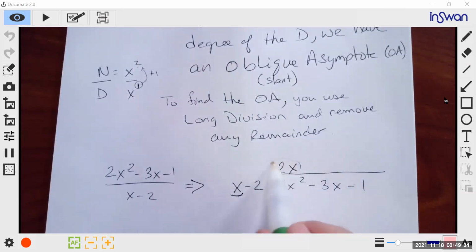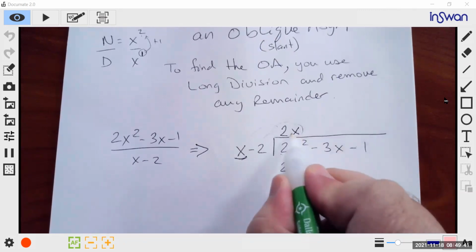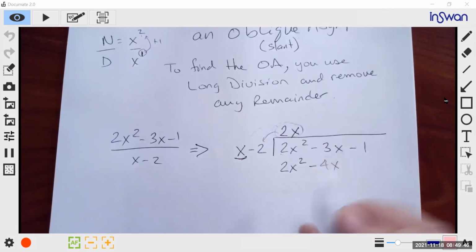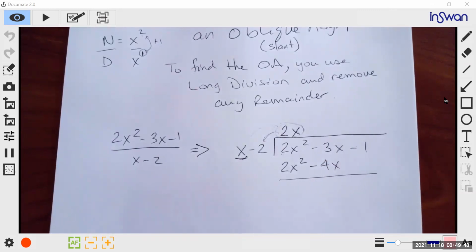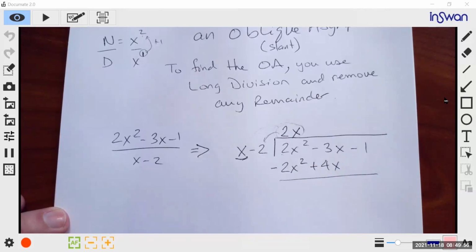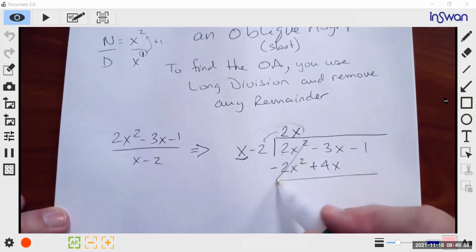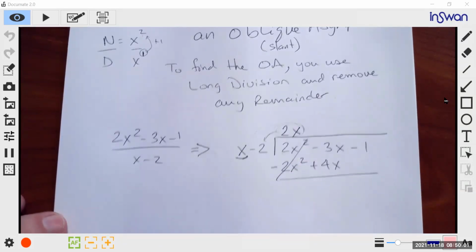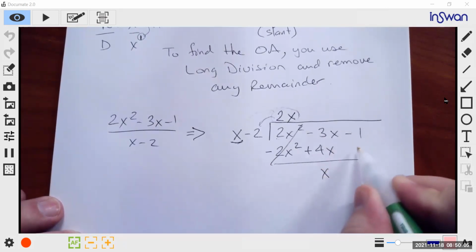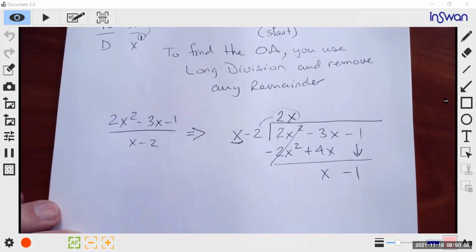Now take this answer and multiply it to both of those. 2x times x is 2x squared. 2x times negative 2 is negative 4x. Change the signs and add the 2x. The first term always has to disappear. 4 minus 3 is 1. Bring down everything else.